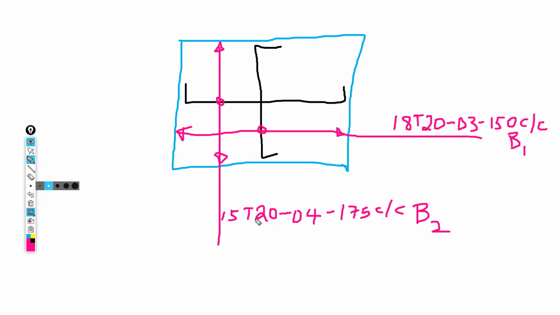If this is T16 and this is T16, they have the same length, but the direction is different. That is a different bar mark. Bar mark, just take it as a random number which uniquely identifies a different type of bar. You get it?